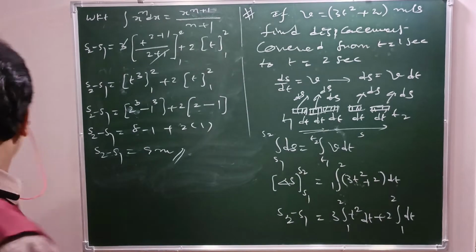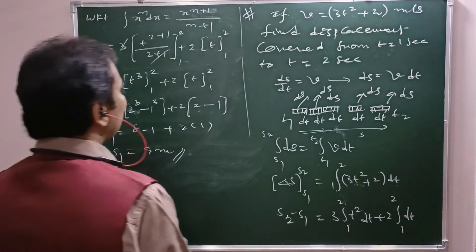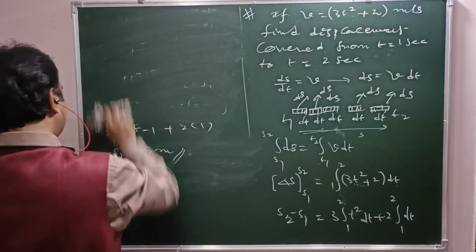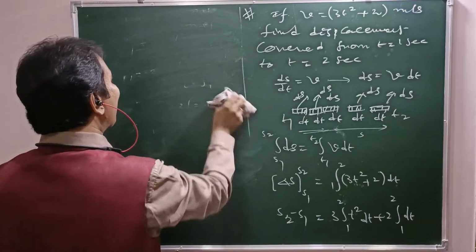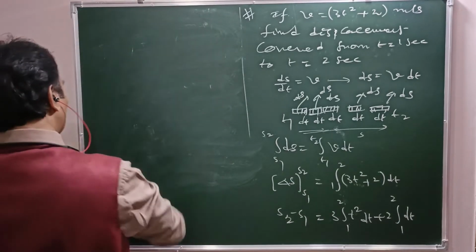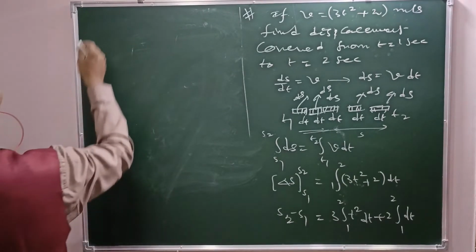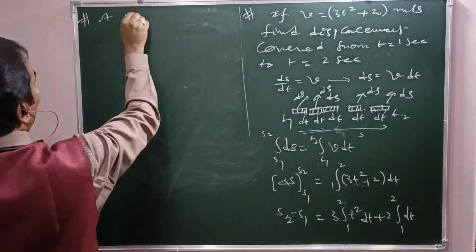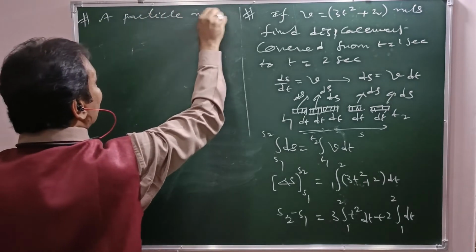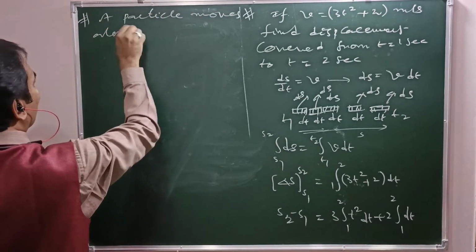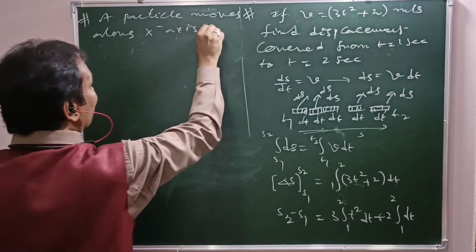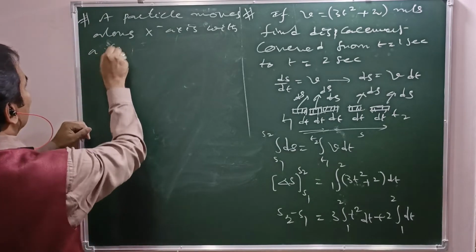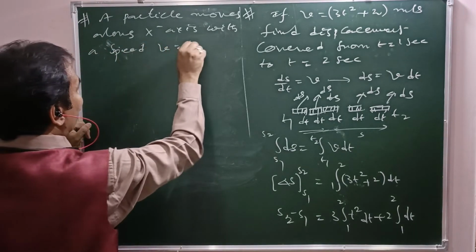Right. Now coming to another sum. A particle moves along the positive x-axis with a speed v equal to b root x.